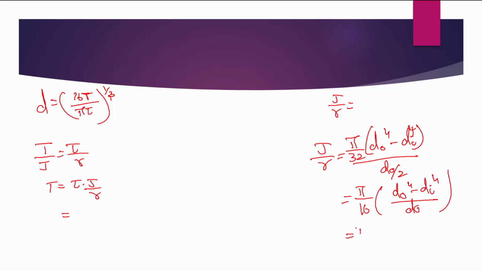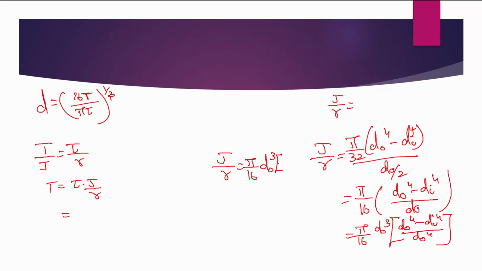Again using the concept of k, pi by 16 into d naught cube into (d naught power 4 minus di power 4) divided by d naught power 4. So my j by r will be equal to pi by 16 d naught cube into (1 minus k to the power 4), since d naught by d naught is 1 and di by d naught is k. So this is the formula.